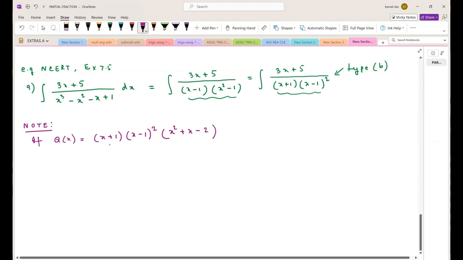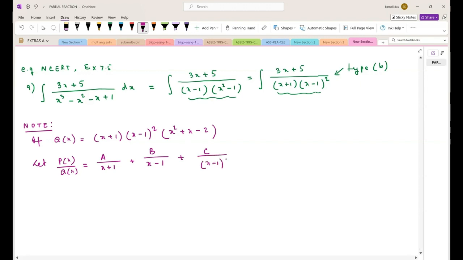So it is a mixture of linear and quadratic with repetitions in one of the linear factors. So in that case, we will write, let px by qx equal to A for x plus 1, then B for x minus 1 to the power 1, C for x minus 1 whole square. So we are done with the linear ones.